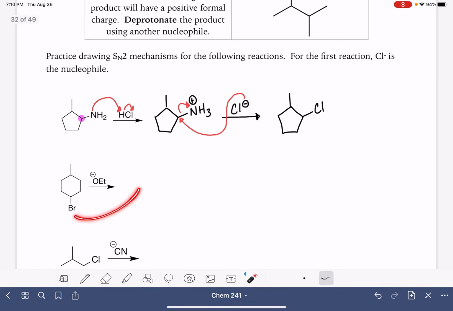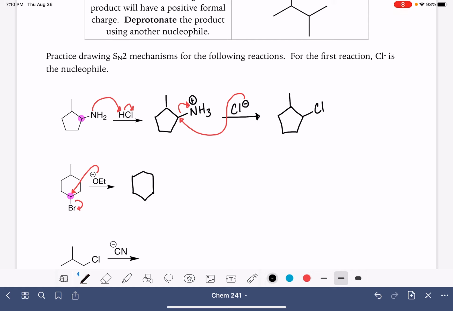Here is our next example. First thing that we want to do is take a look at the carbon holding the leaving group. How many carbons are attached to it? It's got 2 carbons, which makes it secondary, which means that it is capable of reacting. This is a good leaving group, which means we don't need to be doing any of that protonation. We can take that nucleophile negative charge on the oxygen and attack the carbon with the leaving group and break the bond between the carbon and the leaving group.